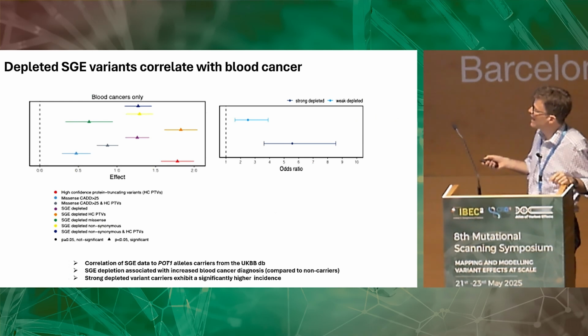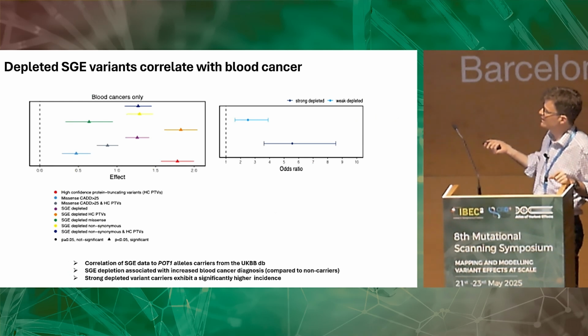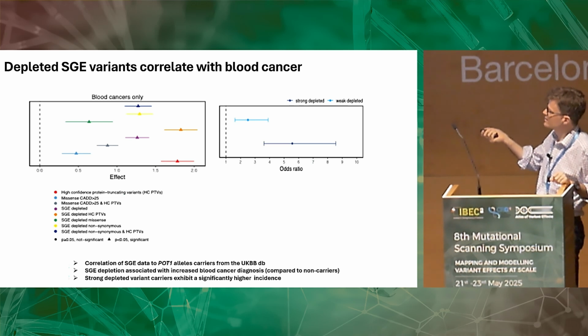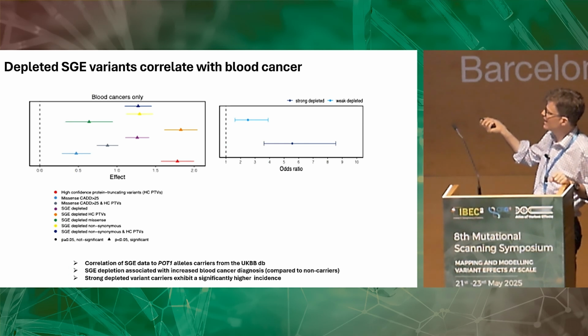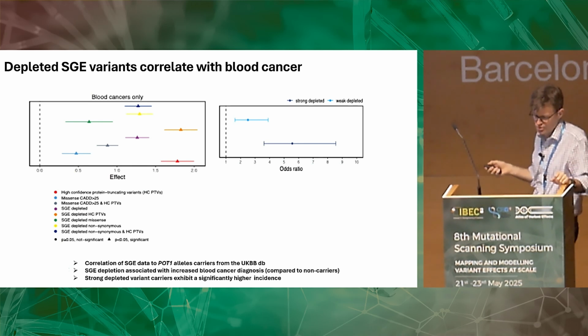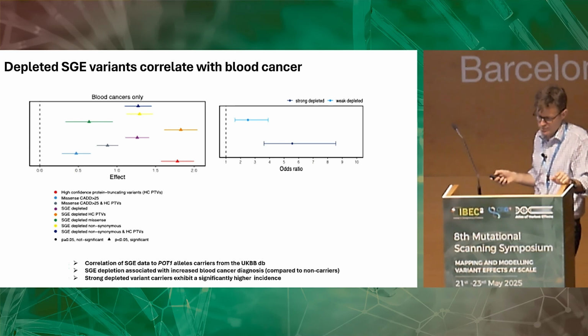And so if we compare the risk of blood cancer to each of the different types of SGE-associated variants, those people who carry disruptive variants within POT1 have an increased risk. But what's possibly more informative is what's shown here on the right-hand side, where the strongly depleted variants are associated with around a 6-fold increase in risk of developing a blood cancer relative to the general population. So this kind of information can be used, for example, in risk prediction modelling.